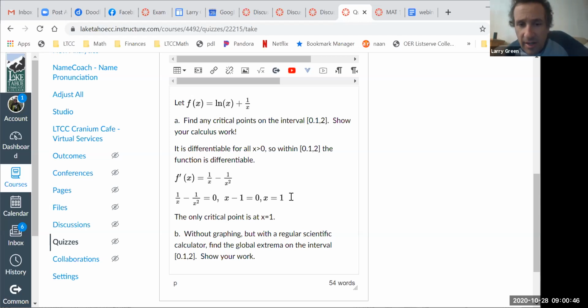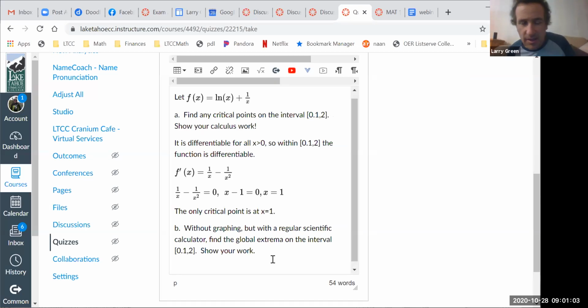Okay, B: without graphing, but with a regular scientific calculator, find the global extrema on the interval 0.1 comma 2. Show your work. So what do we have to do? Where are the possibilities for global extrema? In general, where do you look?